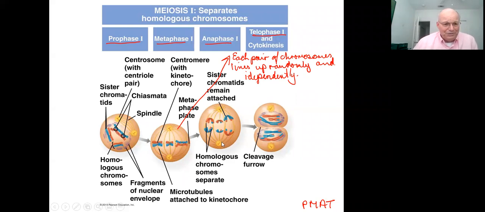And what that has effectively done is reduce the number of chromosomes by half.